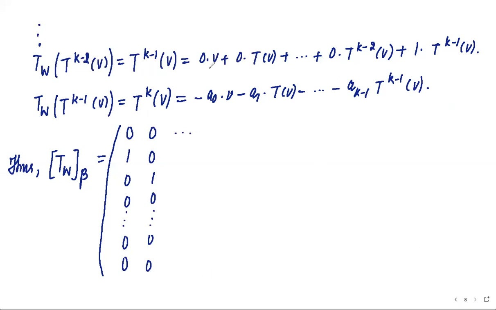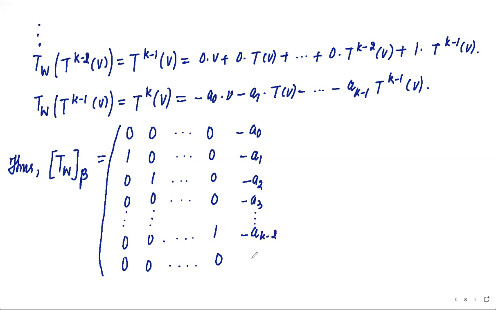The k minus 1th column has 0 0 0, then here we will have the entry 1, and then the last is again 0. And the last column is minus a0, minus a1, minus a2, minus a3, and so on, minus a(k-2), and minus a(k-1).